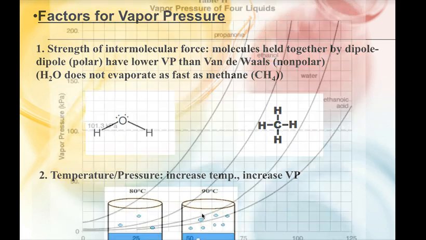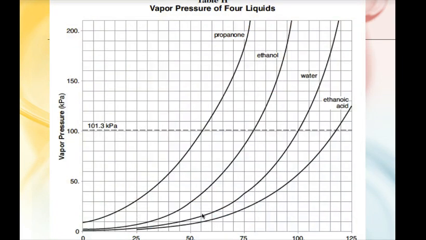So let's look at Table H in your reference tables. Table H in your reference tables is a graph. It's vapor pressure on the y-axis in kPa. The bottom is temperature, in degrees Celsius. And you'll notice there's a dashed line.